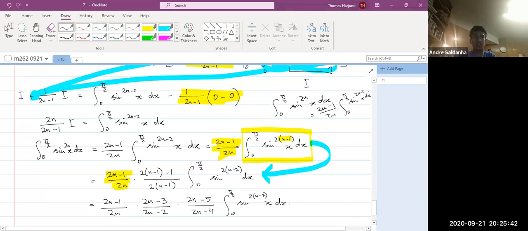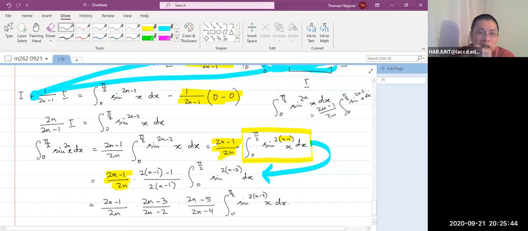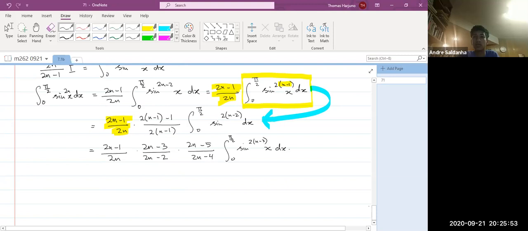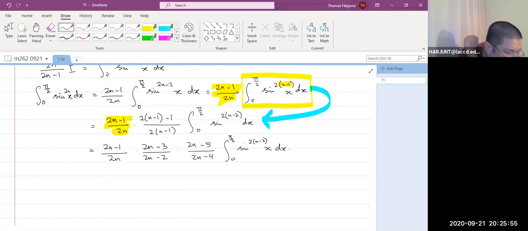Okay, that makes sense. So I keep on using the same formula again and again.